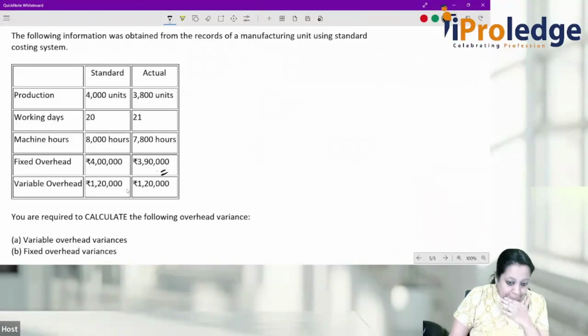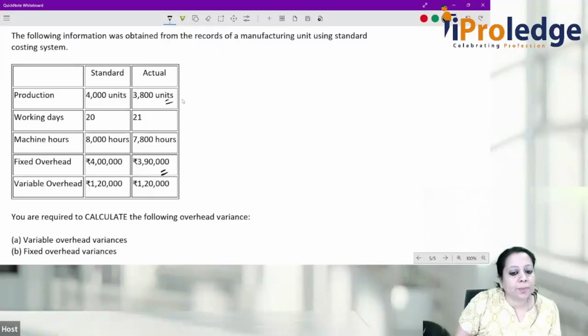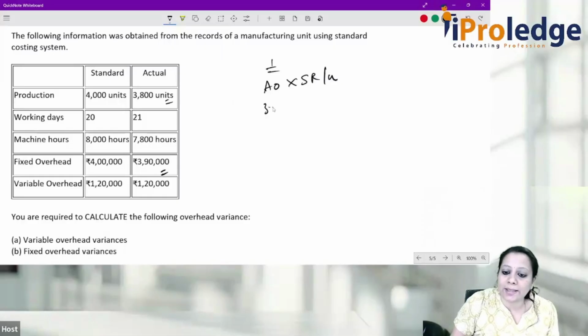Then actual output is given to be 3,800. So what is 1? AO into SR per unit. AO is 3,800 production. For the time being, as I told you already in fixed overhead discussion, I'm going to use budgeted fixed overhead in the place of standard fixed overheads.